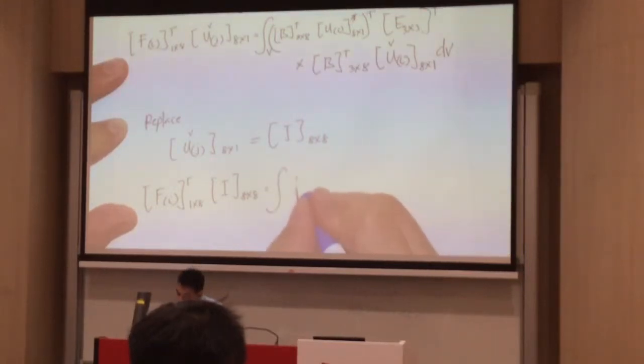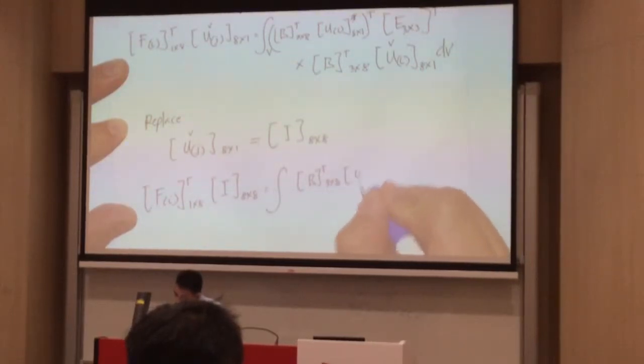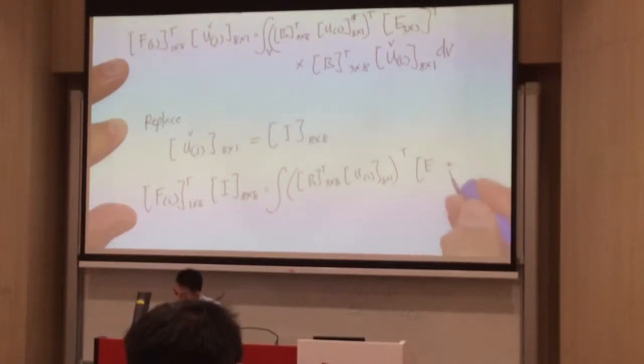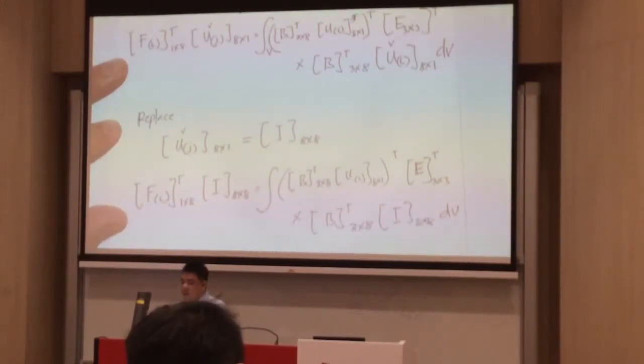This is the volume integral of this B transpose, 3 by 8, my displacement, 8 by 1, take the transpose of that. This is to be multiplied by your stiffness, or sorry, modulus E. And then this is to be multiplied by that B transpose, which is a 3 by 8. And then I multiply this one with an identity matrix, 8 by 8, dV.